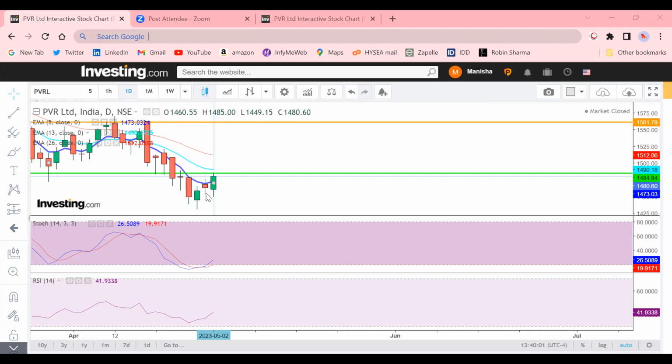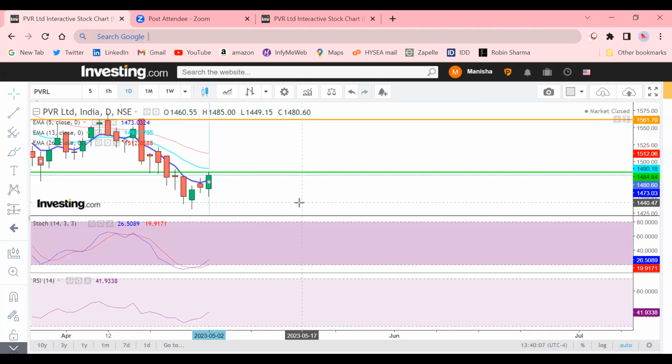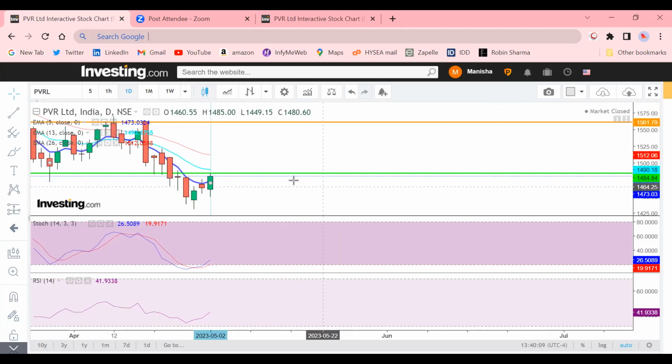Going back to the major resistance, the bear extension is not needed because we are bullish, so it is not applicable for us. But major resistance we have to see for the bull target. So that major resistance is 1561.